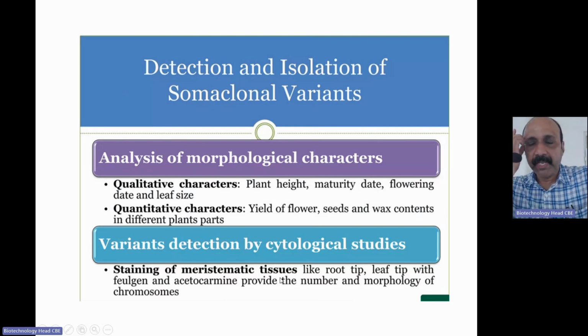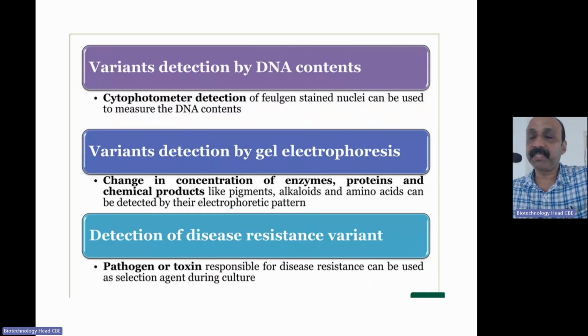So we can see if there are any changes in the morphology. Genetic changes can also be detected in DNA contents, variation in DNA contents, the cytophotometric detection. So those stained nuclei can be used to measure the DNA content, whether there is aneuploidy or polyploidy, whether the DNA content has increased.